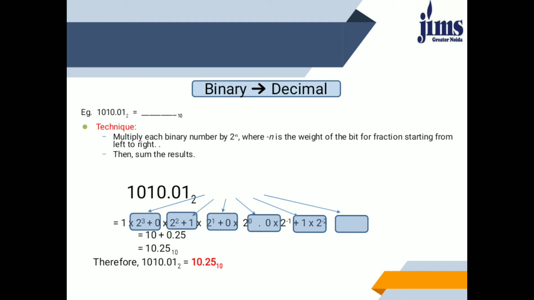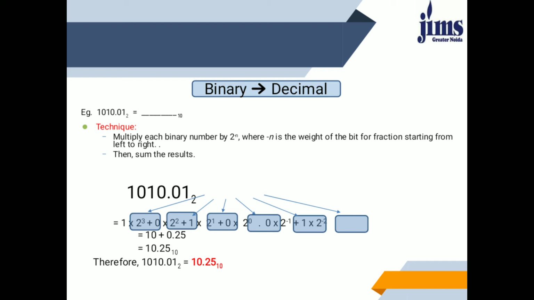Afterwards, for the fractional part, after the decimal point, we define each weight by the positions -1, -2, -3. As we did for the integer part, we multiply each bit with its weight. That means 2 raised to power -1, 2 raised to power -2.